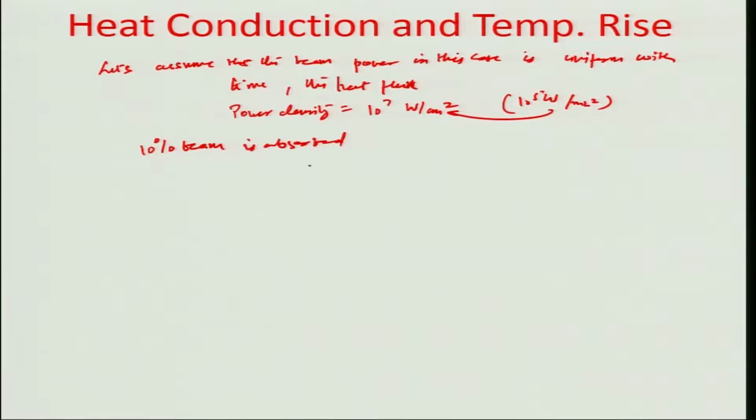So the heat flux H is about 0.1 times 10 to the power 7 watt per centimeter square, which is 10 to the power 6 watt per centimeter square, which still is a very large number. But you can see that most of the power, almost 90%, is lost because of reflection in this case.